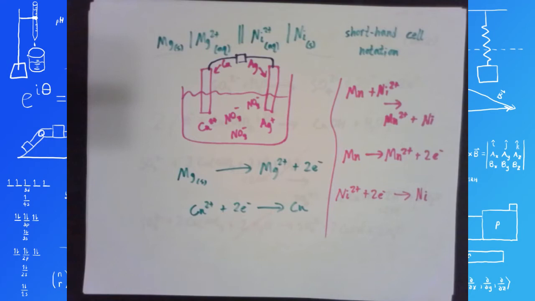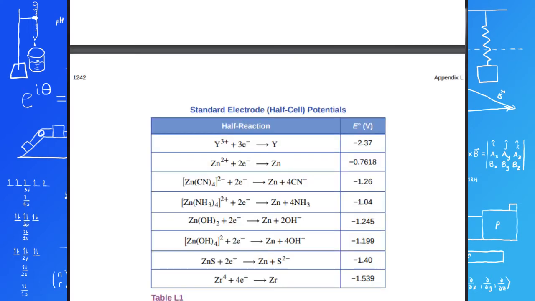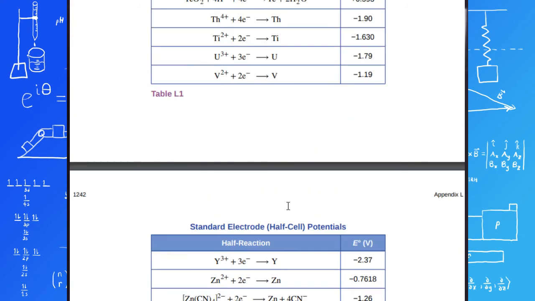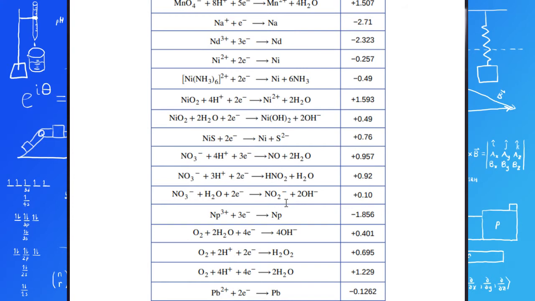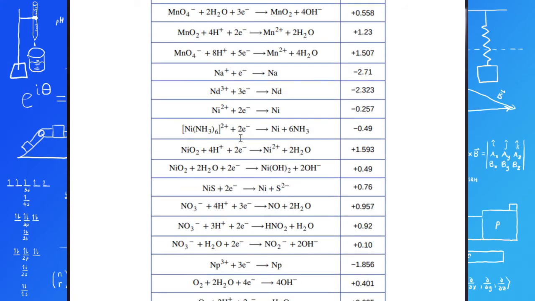And now we just look those up in our data table. Let's go ahead and see where those are. So manganese and nickel. Okay, I see nickel. Negative 0.257 for its reduction, which is what we have.